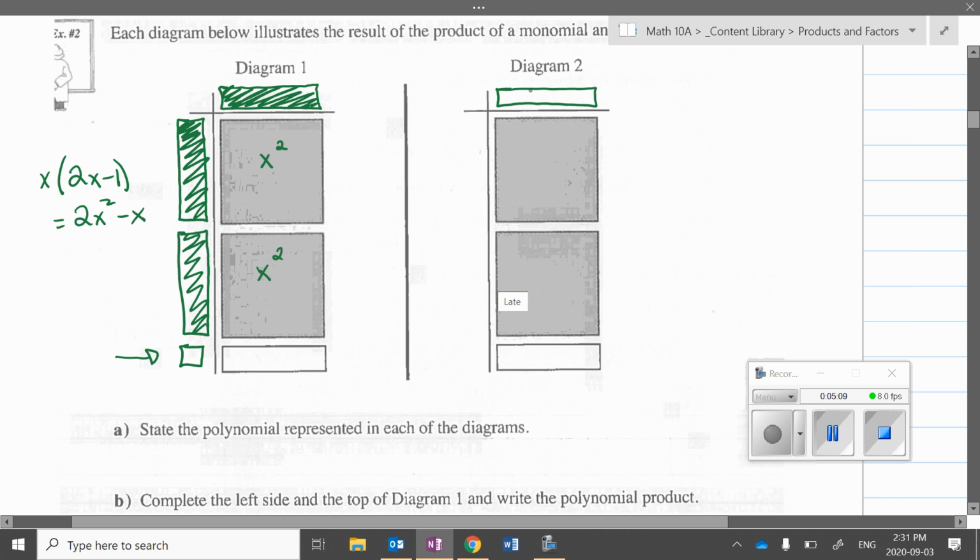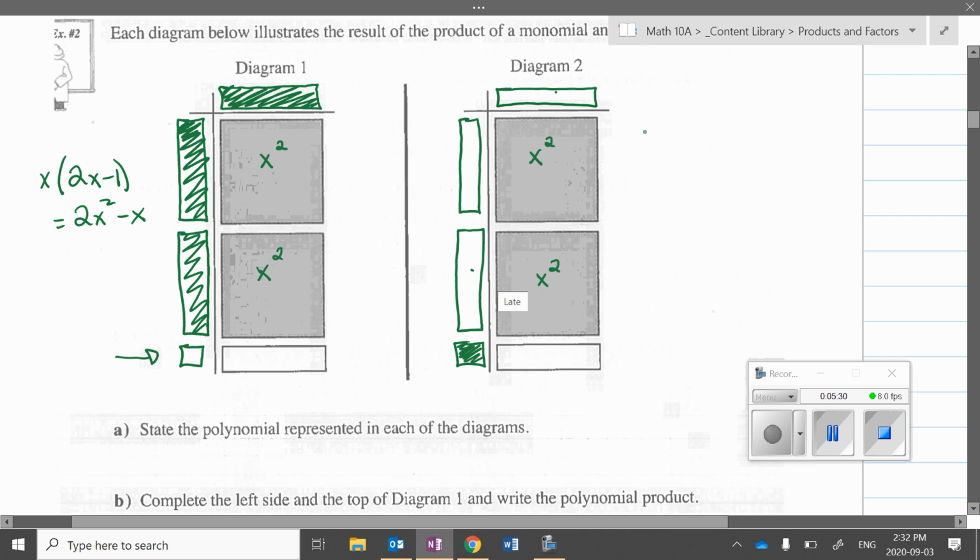Good. Good, right on. Because a negative times a negative still gives us our positive. Negative times negative still gives us our positive. But in order for this bottom to be a negative x, we have to have a +1 little square.